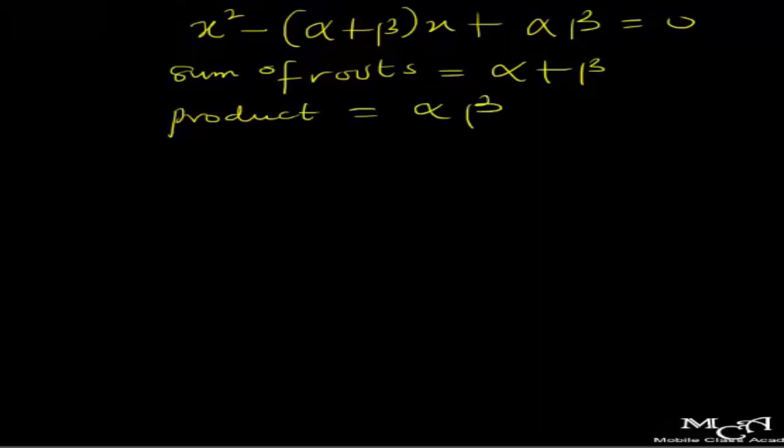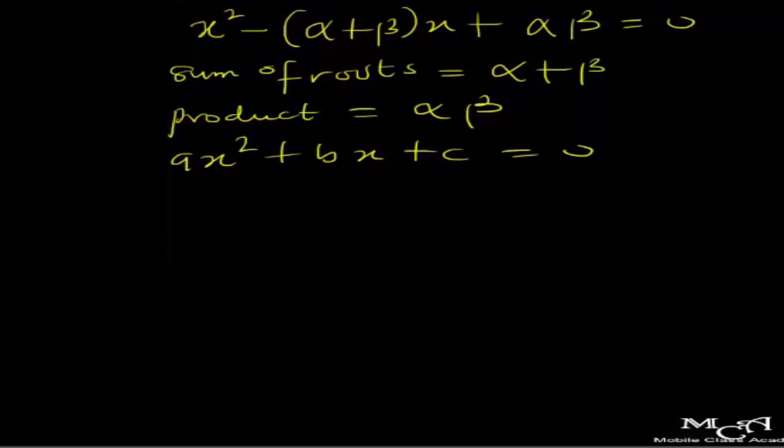If we compare this now with our quadratic equation, recall that our quadratic equation is of the form ax squared plus bx plus c equal to 0. Now, I can simply divide through by a.